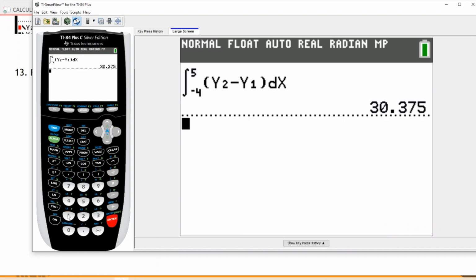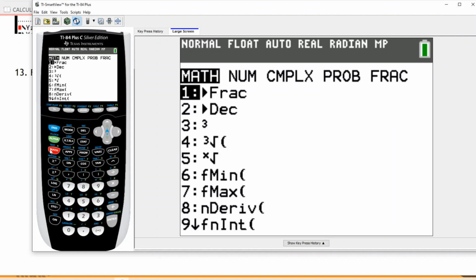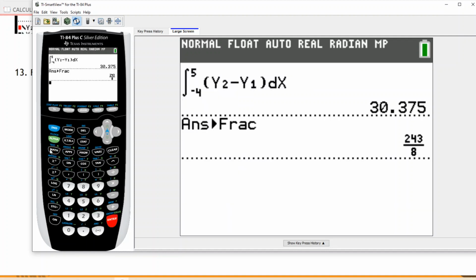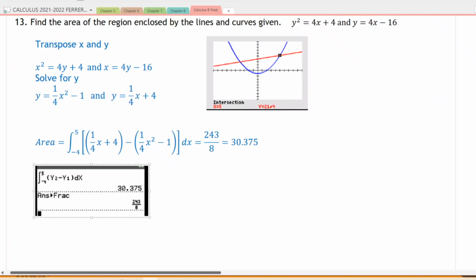And that gets me 30.375. And if I wanted to turn that into a fraction, of course, hit the fraction button, and that gives me 243/8.